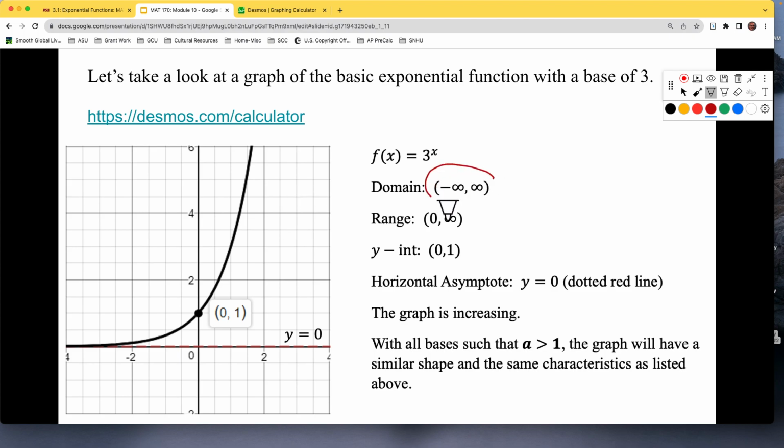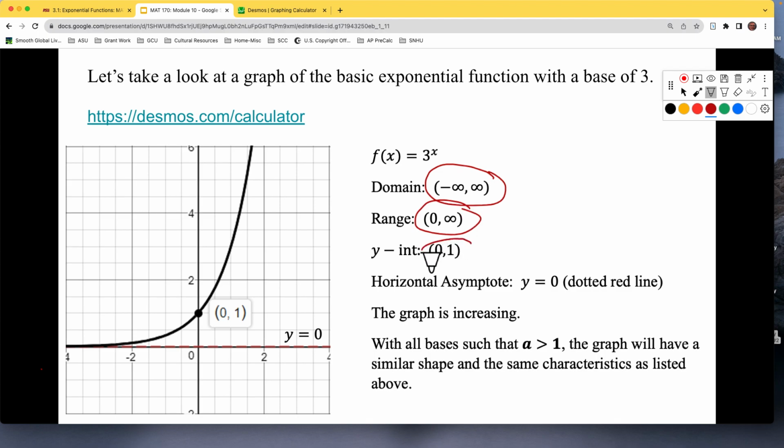Well, the x's can be anything from negative infinity to positive infinity, so the domain is always negative infinity to positive infinity. But as we see on a standard function, the range, now notice 0 is not included. You can't actually get it equal to 0, but it gets closer and closer. So our horizontal asymptote is 0. Okay, so our range is always 0 going up to infinity.